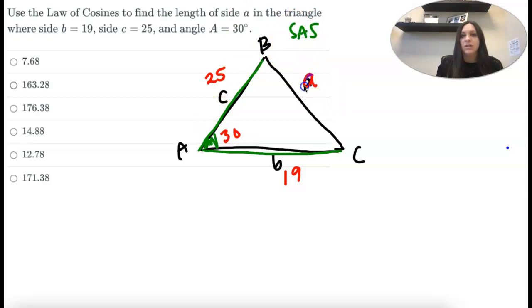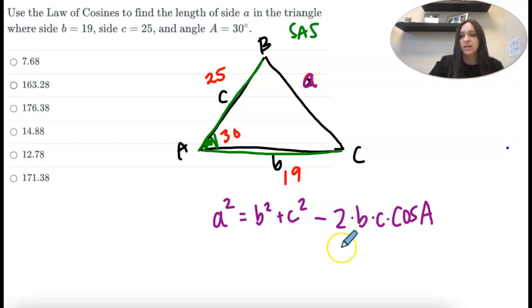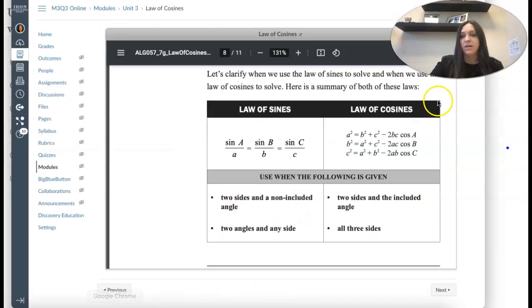And we want A. So we're going to use the equation that starts with little a, and it's a squared, and then the angle that we use is also A, and I put it here at the end because I got to fill in the blanks. Then we use the other two sides, b squared plus c squared minus 2 times b times c times cosine of A. And then those change based on what you're looking for.